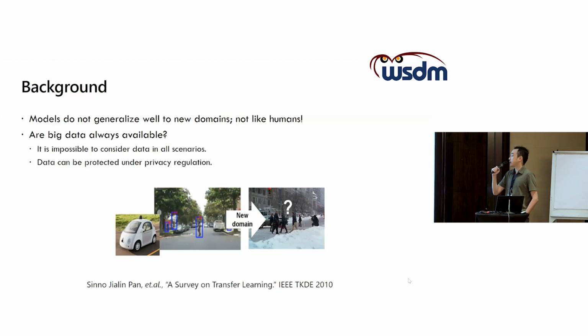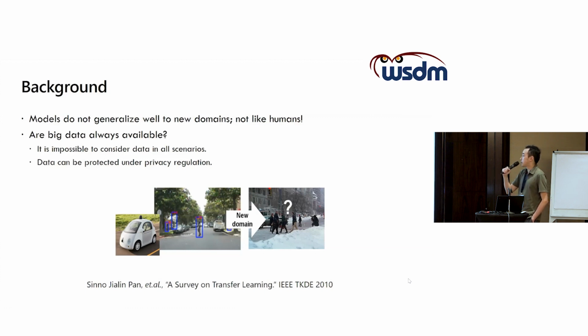Actually, while big data is available on some kinds of computer vision tasks, in other cases big data is not always available. The first reason is that it's impossible to consider the data in all scenarios, which greatly hinders us from collecting sufficient and diverse data for a specific computer vision problem.